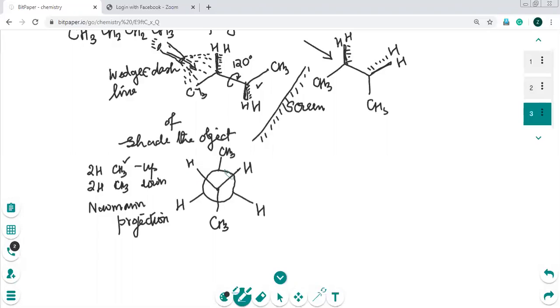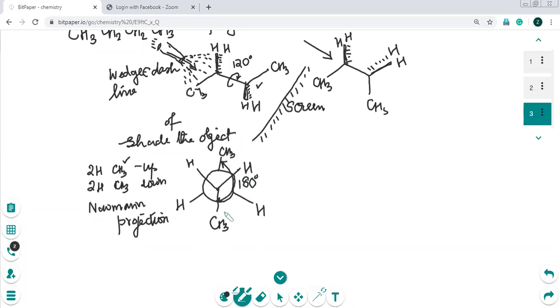And see here, look at this writing. You can see the bulky CH3 groups are far away from each other. If you think about this angle, it is 180 degrees.